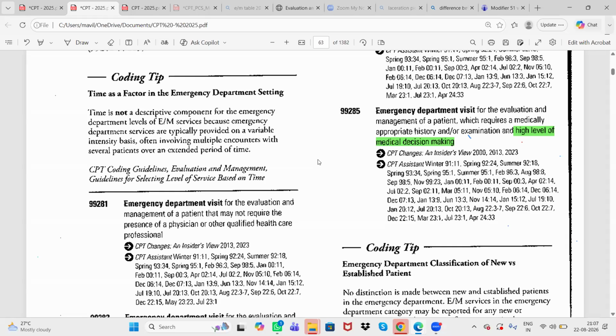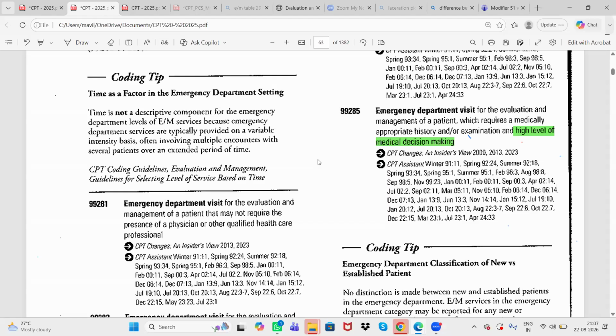An established patient is one who within that 3 years has already received medical services within that same specialty, like cardiology, urology, or gastroenterology. Am I clear?